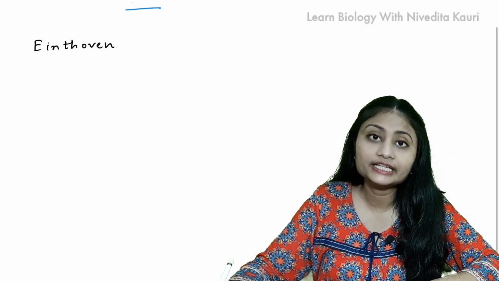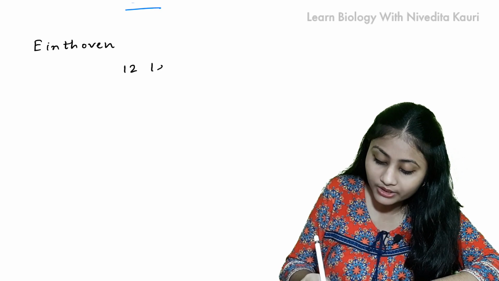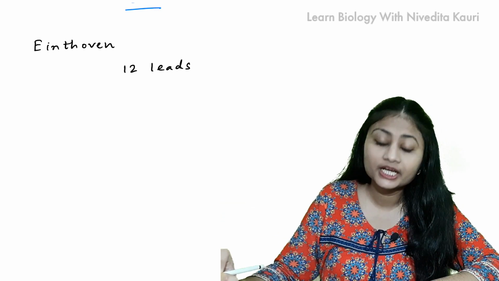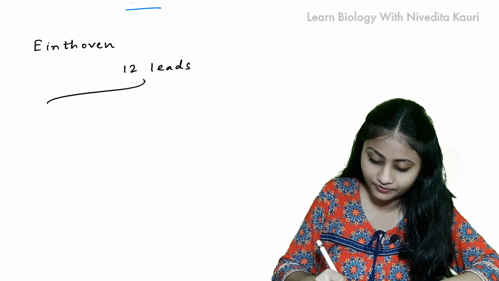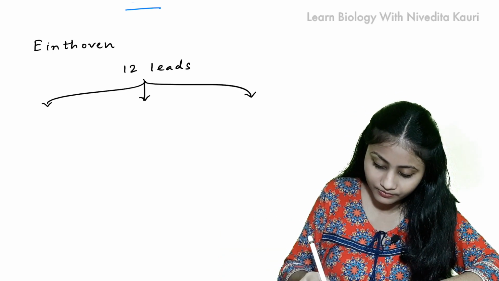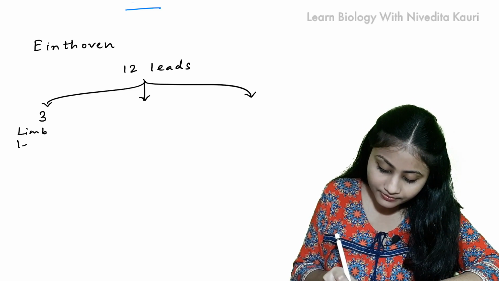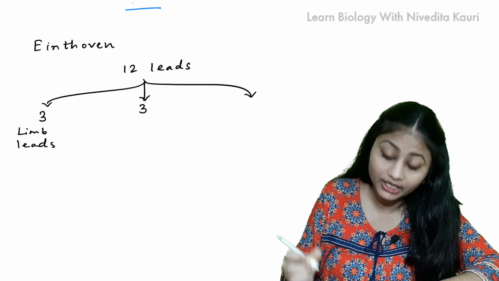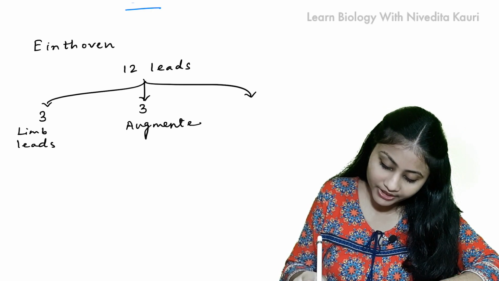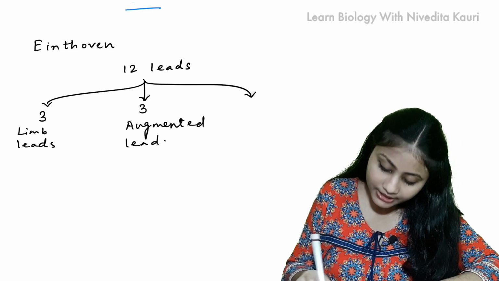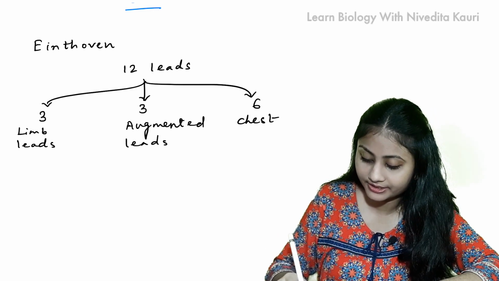For recording the electrical activity of heart, we use 12 leads. These leads can be divided into 3 groups. 3 are limb leads, another 3 are augmented leads and rest 6 are the chest leads.